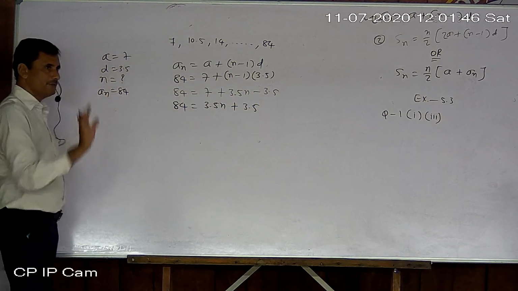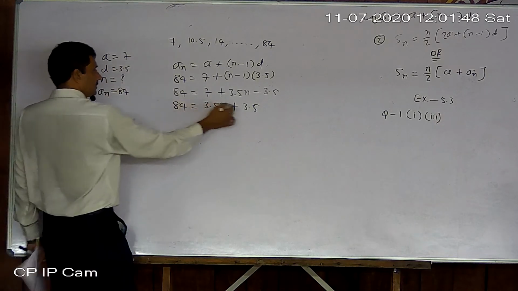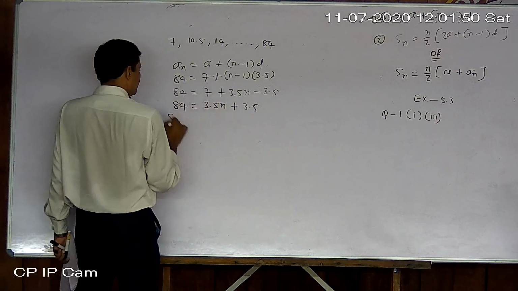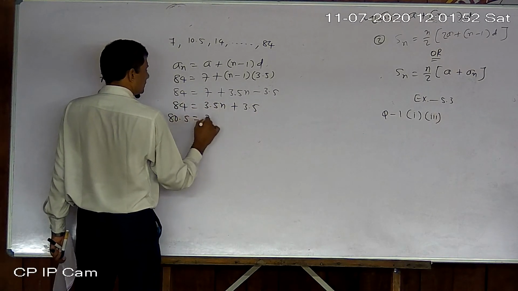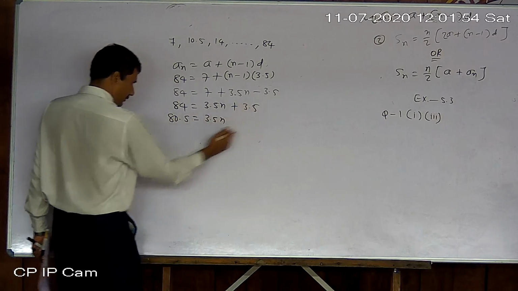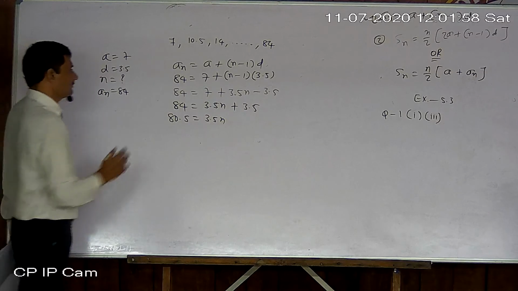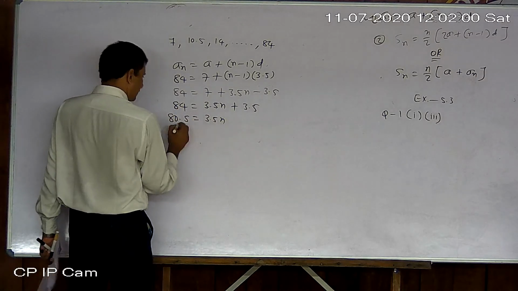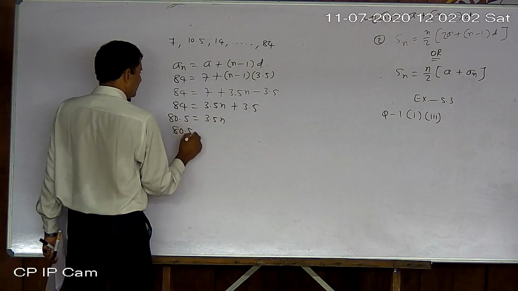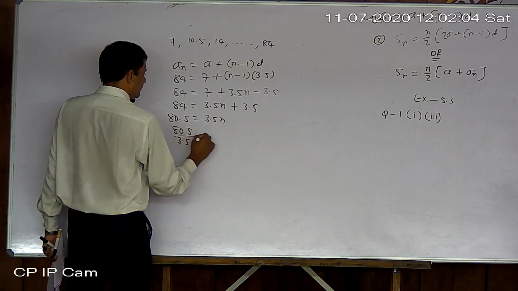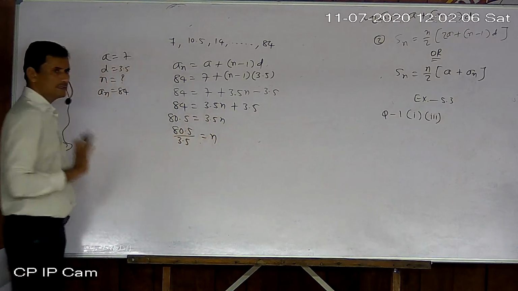No problem. Anyway. So now it will become 80.5 equal to 3.5n, and 3.5 being shifted towards the left side, so it's subtracted from 84. Now set that coefficient. So 80.5 upon 3.5 equals n. So simplification only.